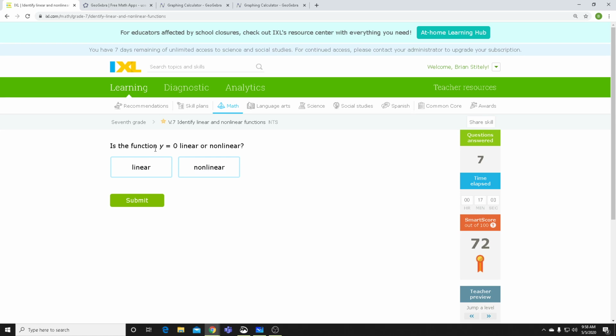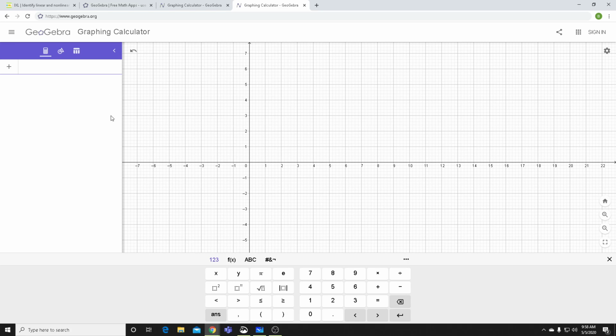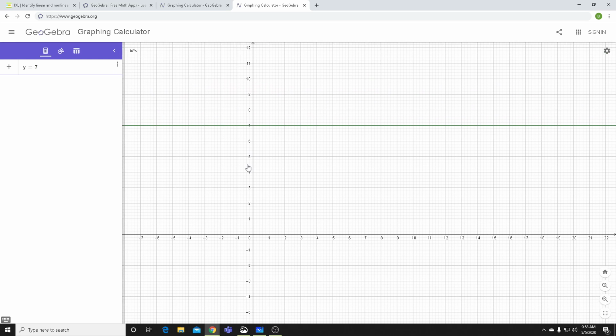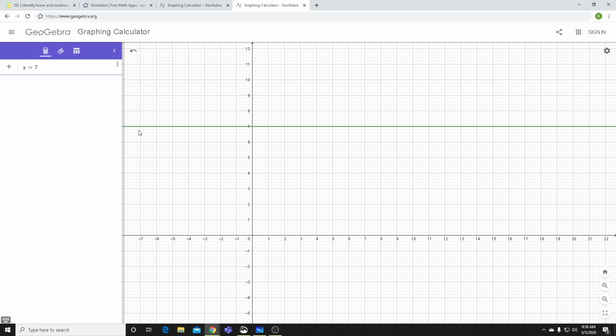So, is the function y equals 0 linear or nonlinear? This is a little bit of an interesting one. If you just type in y is equal to a number, think about it. If we had y is equal to 7, y is always equal to 7 along this line. Always.